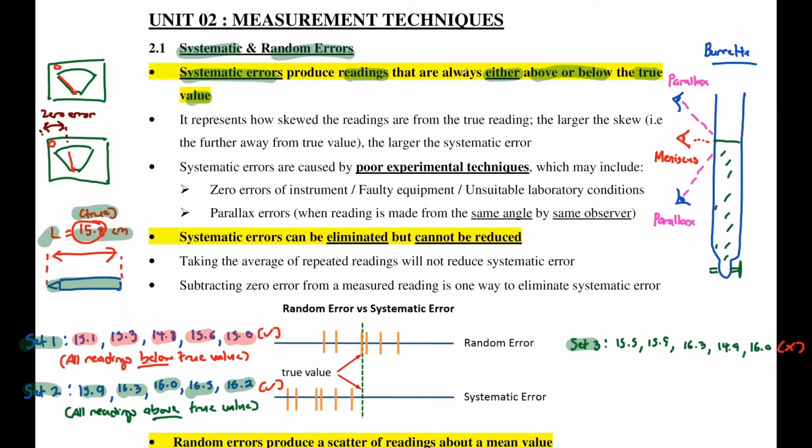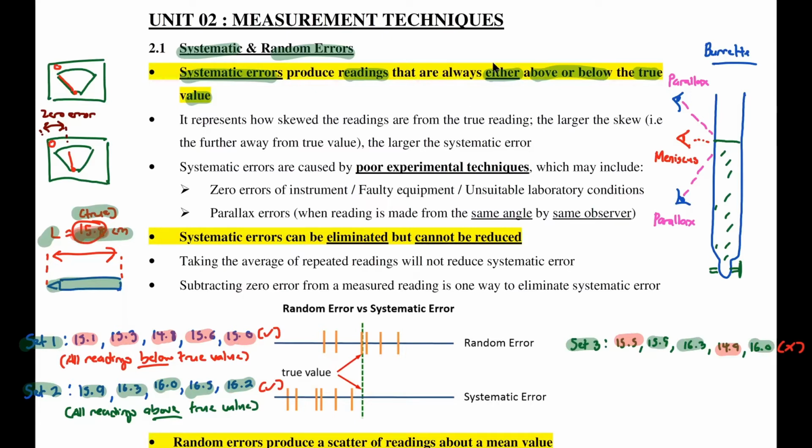If we were to look at the last set of readings, 15.5 and 14.9 are below the true value, whereas 15.9, 16.3, and 16.0 are above the true value.